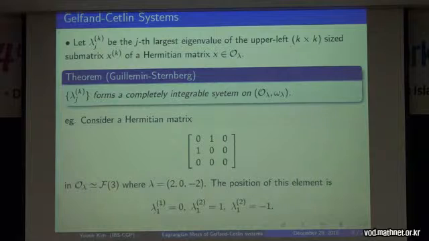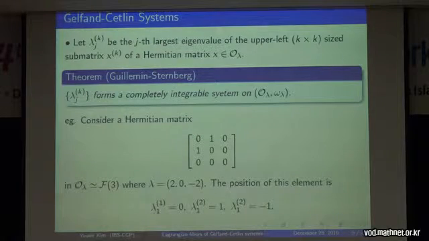So let's look at an example. Let's consider a Hermitian matrix whose form is like that. This matrix is a member of O_lambda with lambda equal to (2, 0, -2), because the eigenvalues of this matrix are 2, 0, and -2. And then let's find the position of this matrix.